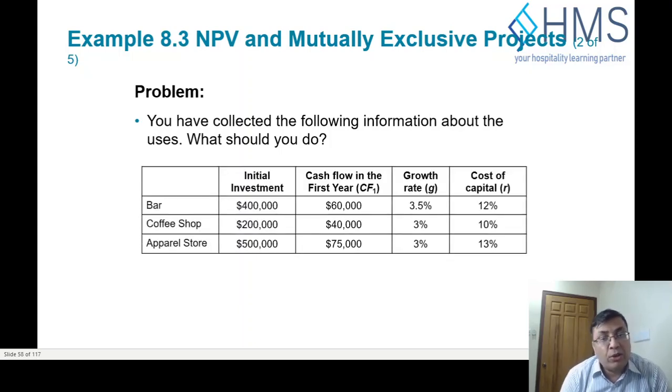You have a choice to take 220,000 now and leave it, or you make an investment of 400,000 in the bar, and the cash flow in the first year is 60,000, growth rate is 3.5%, and cost of capital is 12%. Coffee shop: 200,000, cash flow in the first year is 40,000, growth rate of 3%, and cost of capital is 10%. Apparel store, same way.